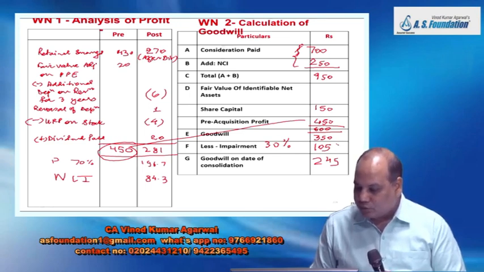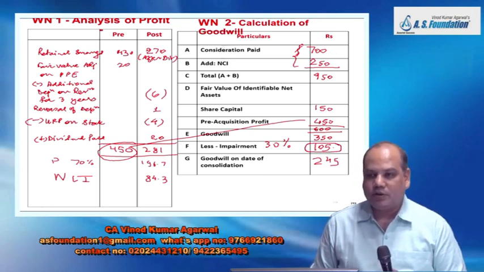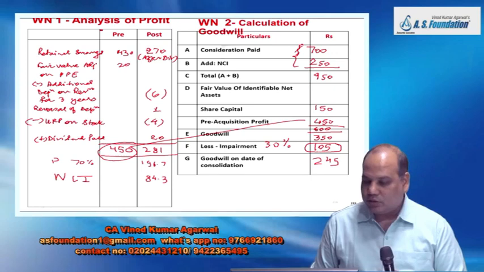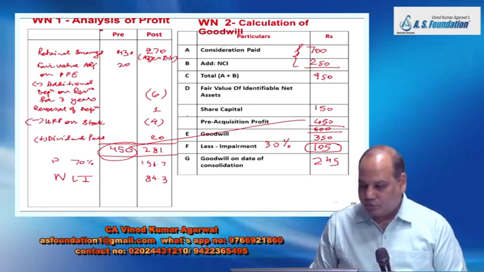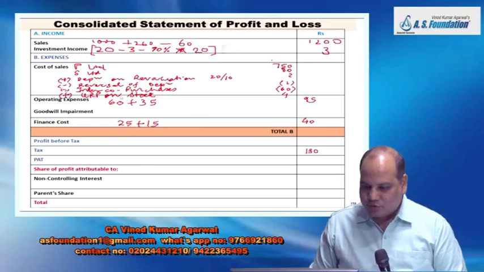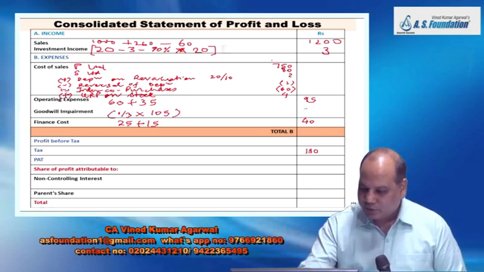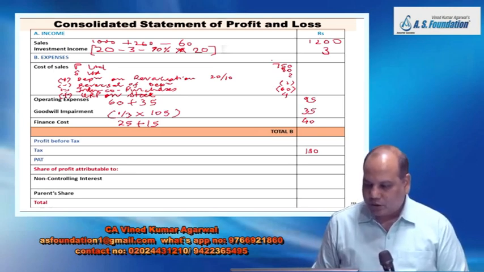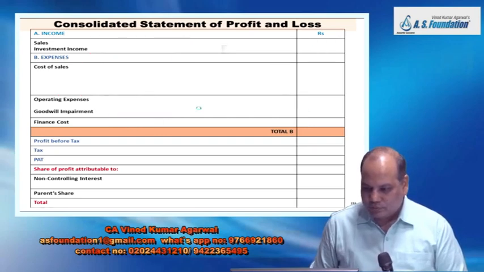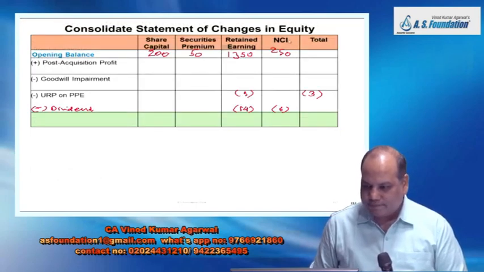245. Out of 105, current year share will be only 10%. One third of it. So where should I go now? First I'll go to SOPL, goodwill impairment, 1/3 of 105. Is it 35? And then you also go to SOCIE, goodwill impairment.